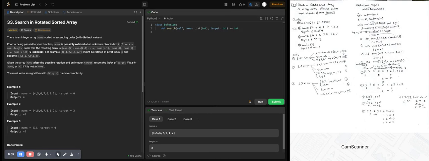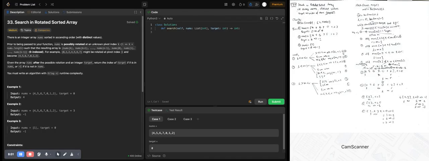In the interview it's better to go through some examples before we come up with an idea, so that's what I skipped here. But anyway, let's go through another example. 4, 5, 6, 7, 0, 1, 2. Target is 3.